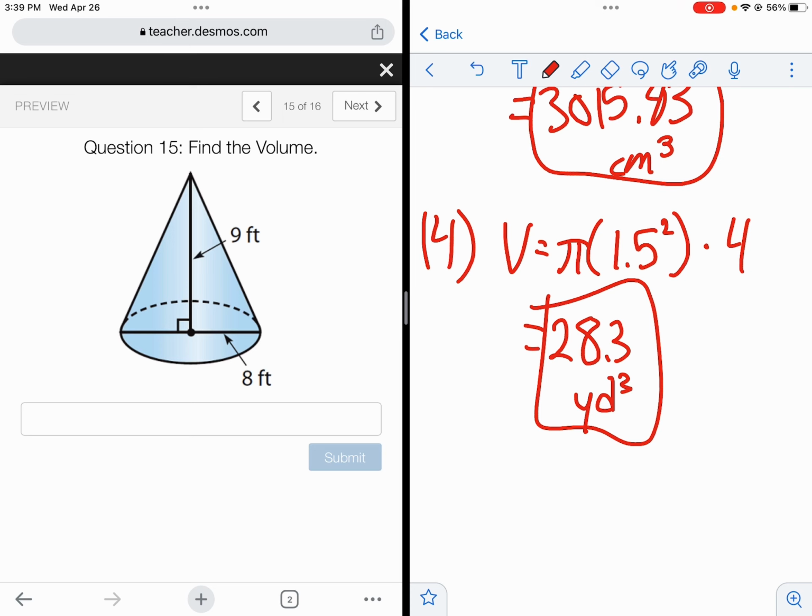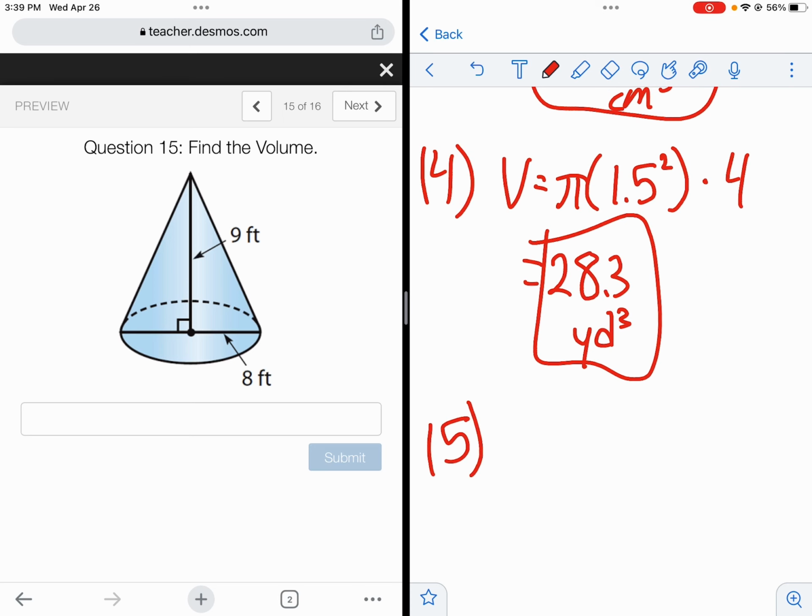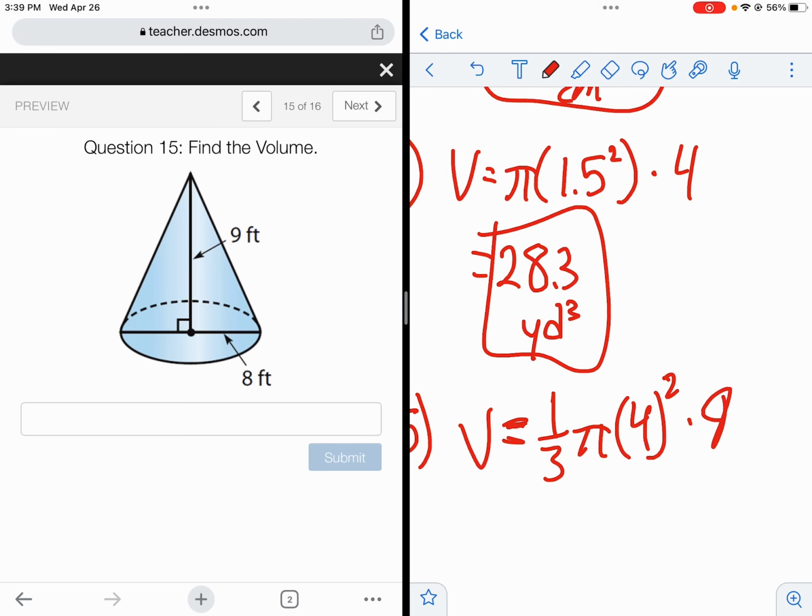And lastly, for a cone, we got to do 1/3 pi r squared times the height. 1/3 pi, radius is 4 because the diameter is 8, 4 squared, r squared, times the height of 9.